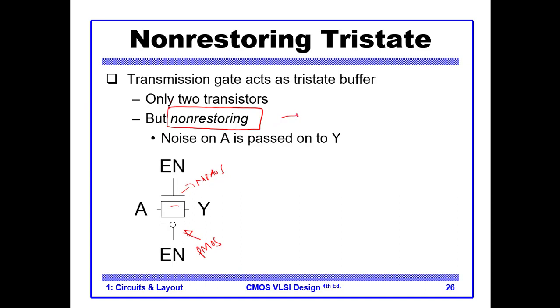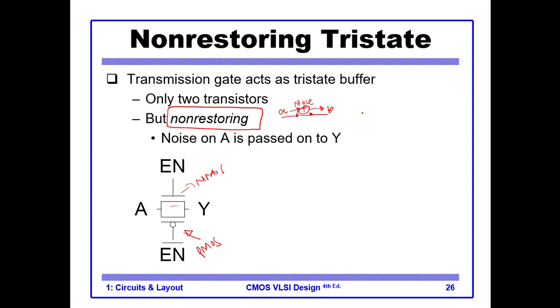It means that when the transmission gate is closed, if A is connected to B, and there is some noise that comes and adds up with A, the noise will be transferred to B. Remember, it was not the case in CMOS gates. The CMOS gates could restore the logic levels.